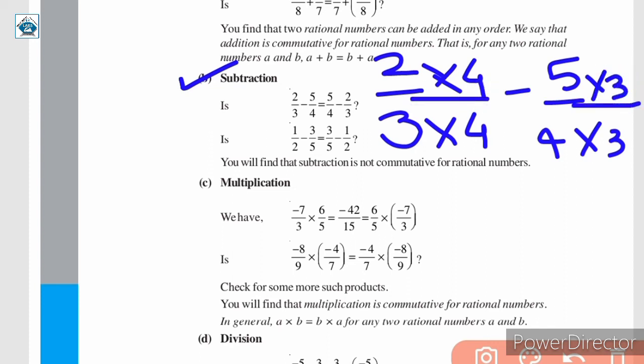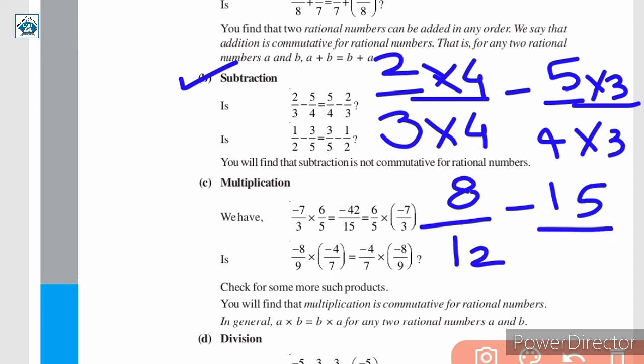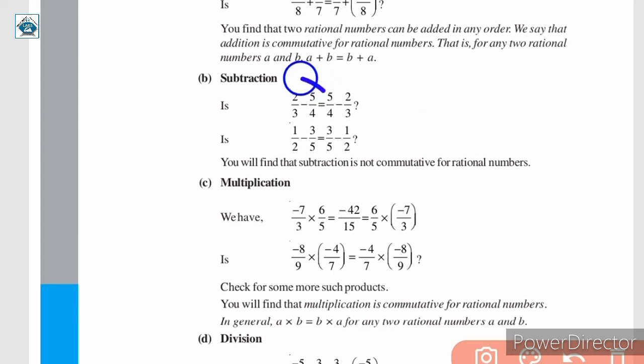So here 2 into 4 is 8 divided by 12 minus 15 divided by 12. That is 8 minus 15 divided by 12, which is equal to minus 7 divided by 12. So in the first case the answer is minus 7 divided by 12.